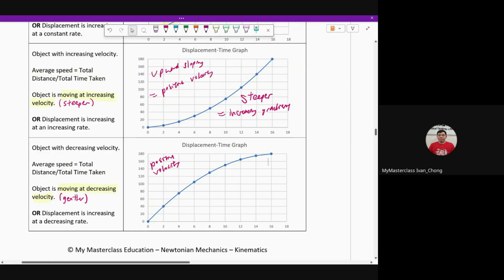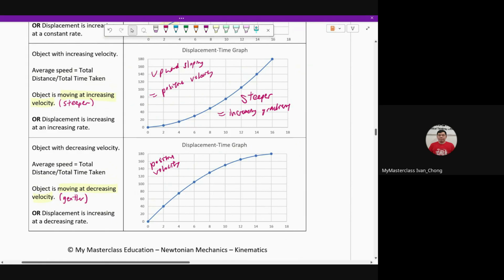Tell them from 0 to 16 seconds, what happened? Your object is moving with decreasing velocity from 0 to 16 seconds, something like that. So you need to be a little bit more specific, throw in some numbers to help you elaborate and explain what you mean by decreasing velocity. So throw in values to help you.